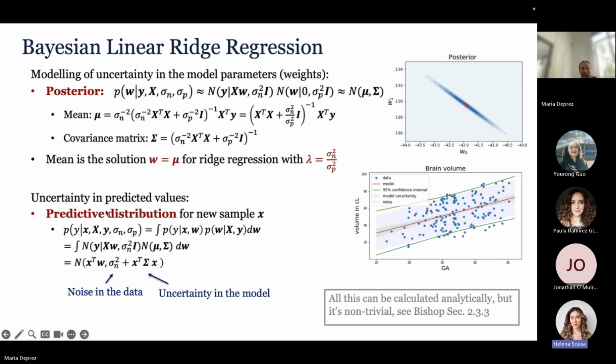And finally the predictive distribution, this is what we actually calculate in a Gaussian process. It tells you about the result, like your predicted values, right? To calculate the predictive distribution, what do we need to do? We need to, so this here is the posterior on the weights, and then we multiply it by this likelihood, right?